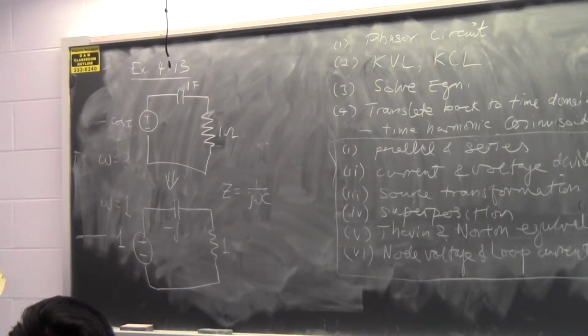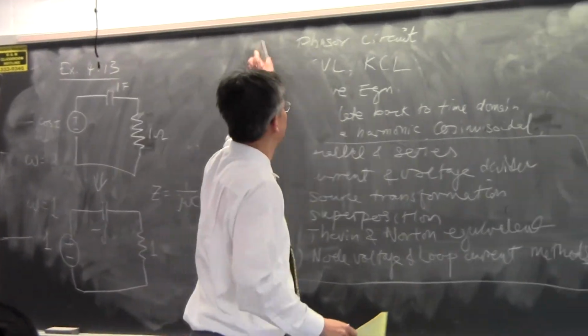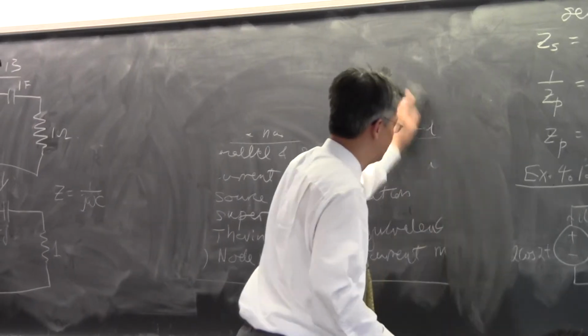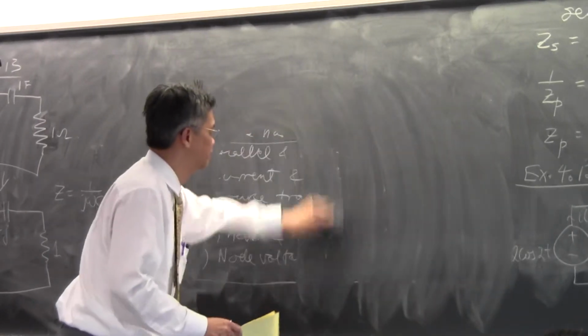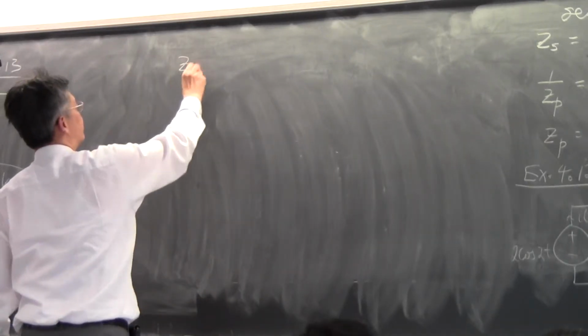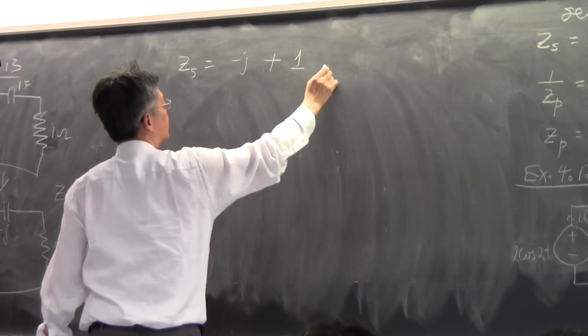So this is something interesting in the sense that the impedance now is not a pure imaginary number, nor a pure real number. Okay, the total impedance, Z series, is minus j plus 1 ohms.